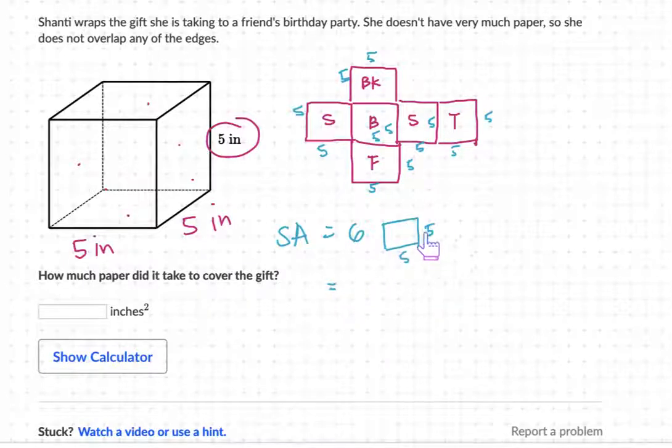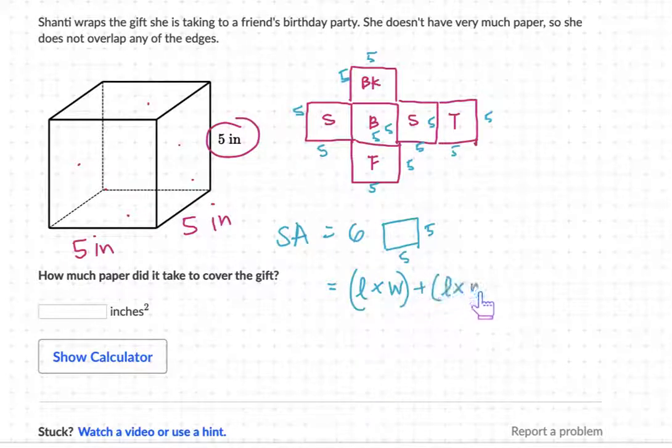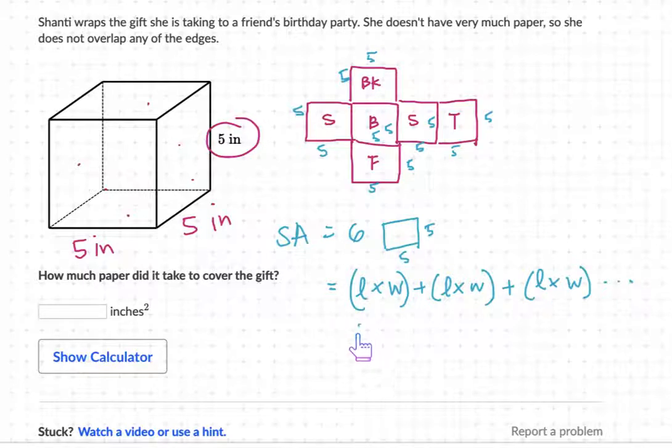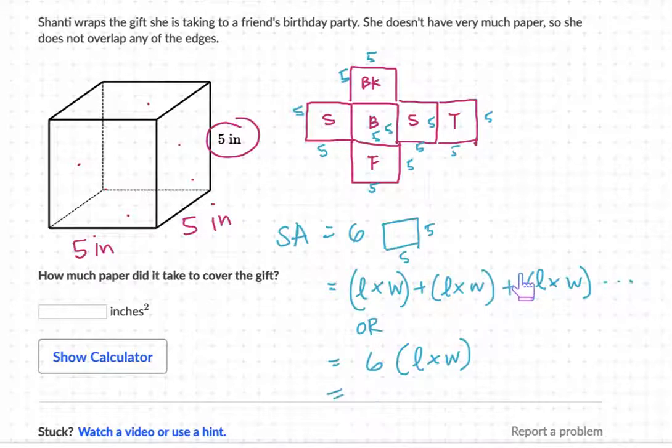So we can take the 5 by 5, that's the length times the width for each of these squares. And we could either add that up 6 times, or we could just take that length times that width and multiply it by 6, because we're going to do that 6 times. Okay, that's probably better.